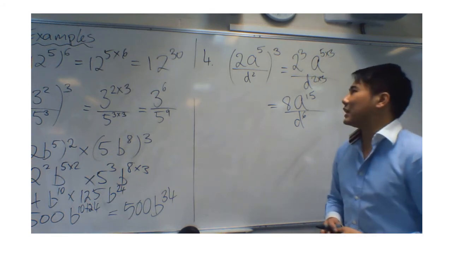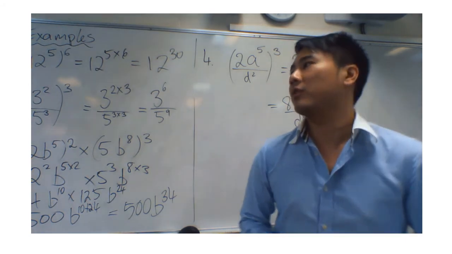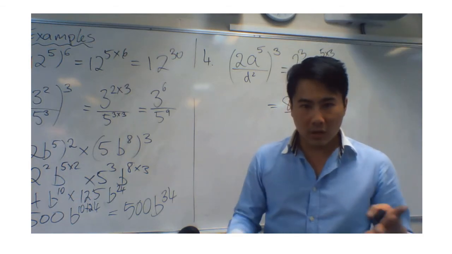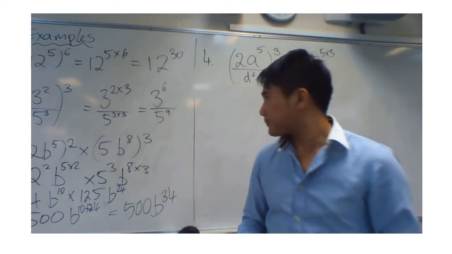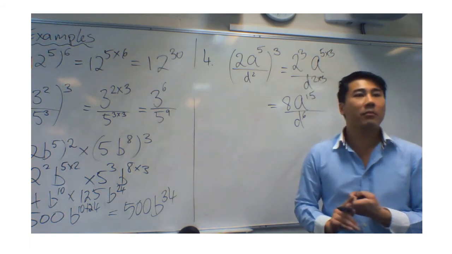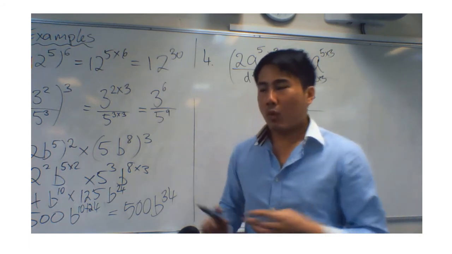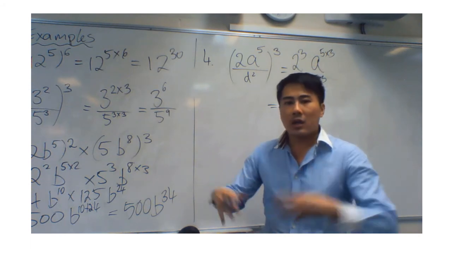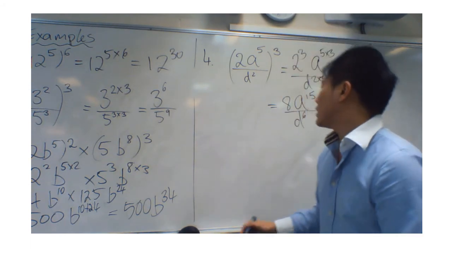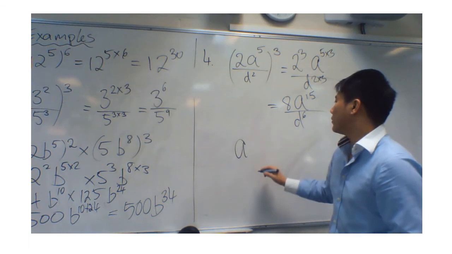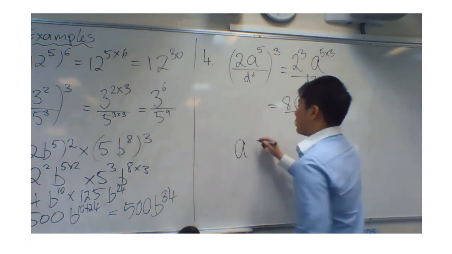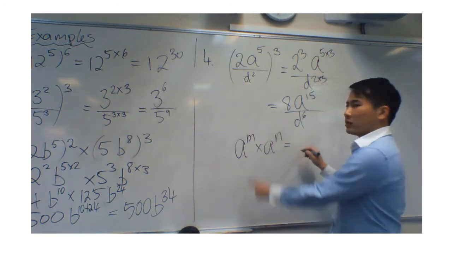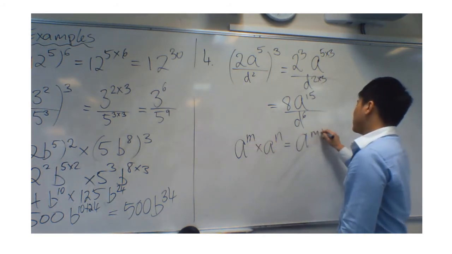Alright, so just in summary, what you need to know for the first 2-3 weeks would be your 4 index laws. Make sure you memorize them. I'm not asking you to remember a lot, just 4 laws. If we are multiplying variables or numbers, same base, in index form, you simply add the powers.